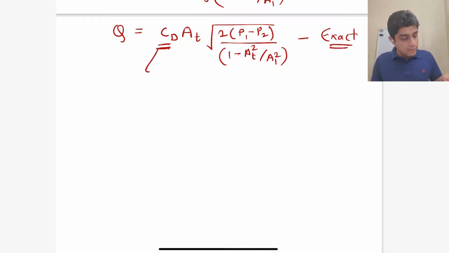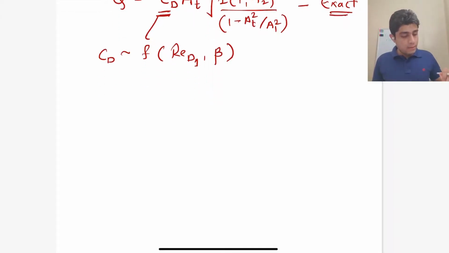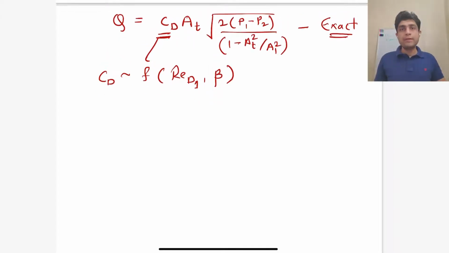So this has been found to be a function of the upstream Reynolds number and the geometrical ratio beta. Once you fix the geometry, you can use these correlations given by your manufacturer to find the coefficient of discharge, and then you measure the pressure difference and finally get the flow rate.